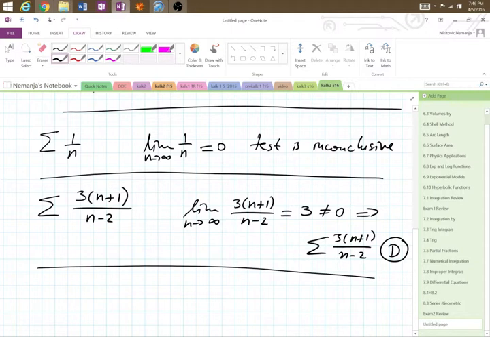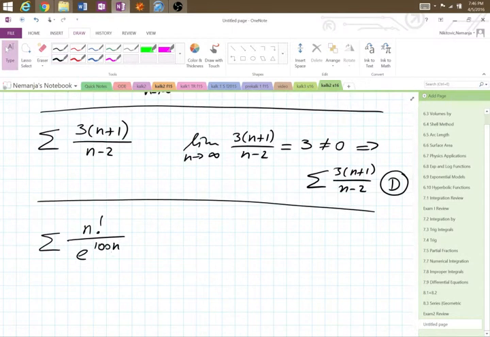And simply just take a limit. How about this one? n factorial over e to the 100n. What is the limit of this?